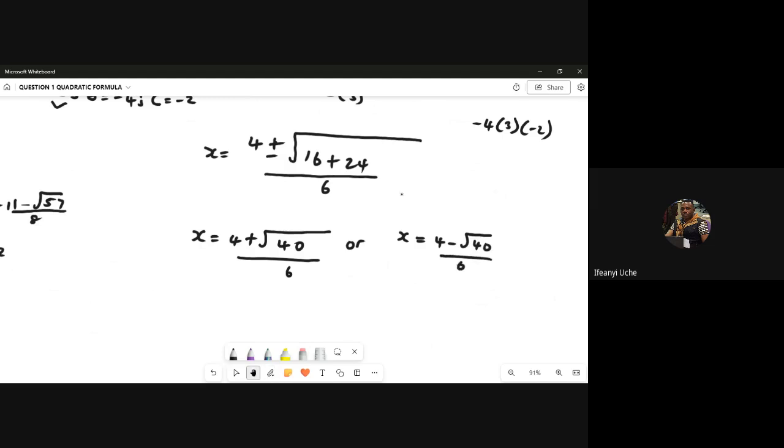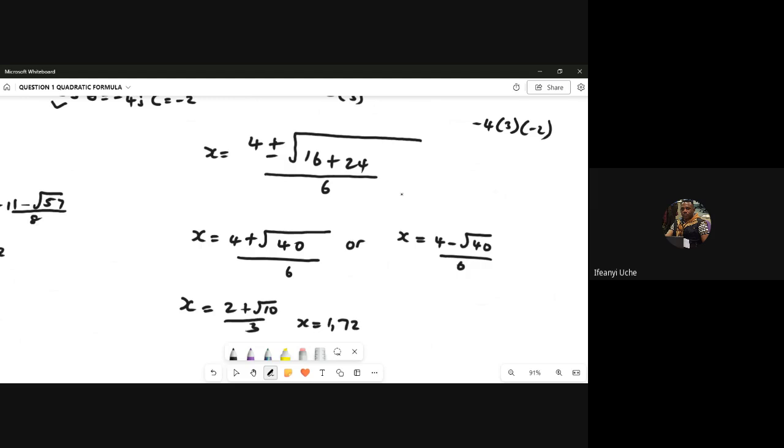Then, using your calculator, at this stage, you can now see we have 4 plus √40 divided by 6. If the question is in short form, you're going to leave it this way, 2 plus √10 all over 3. But if not in short form, that means you're going to have x equal to 1.72.